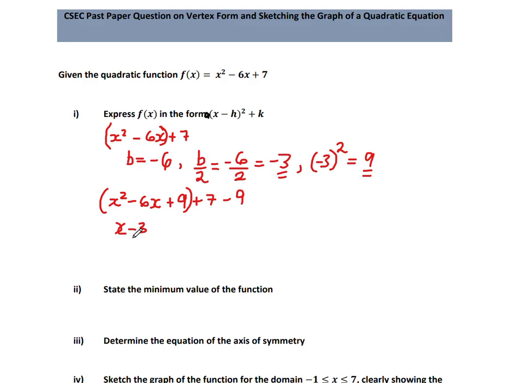In this case, it is negative, so we'll have x minus 3 all squared.